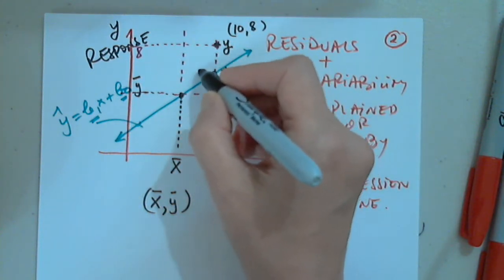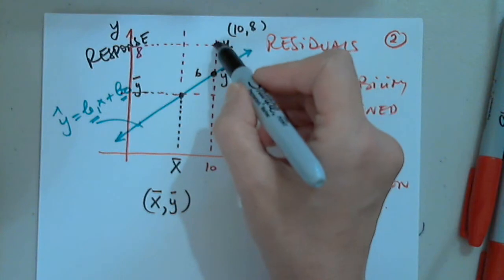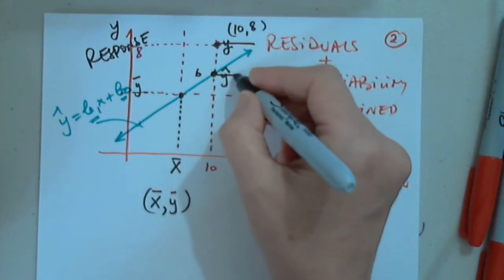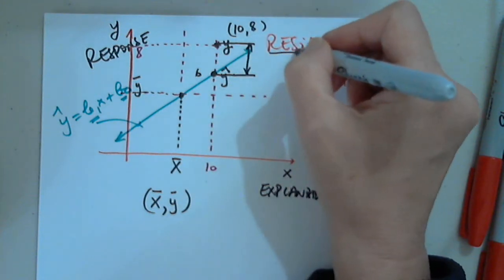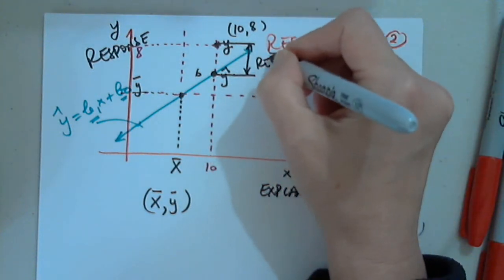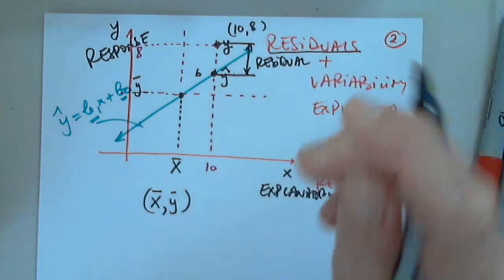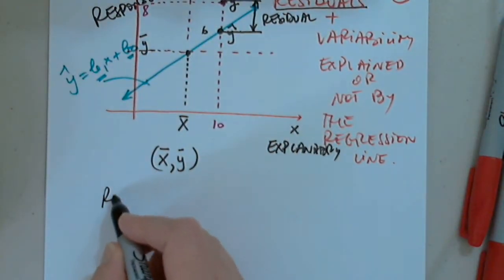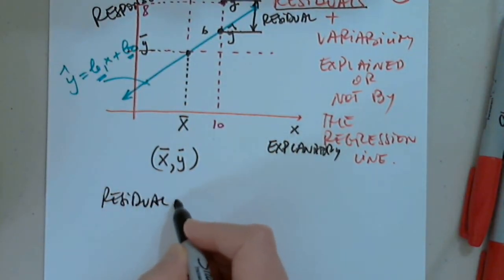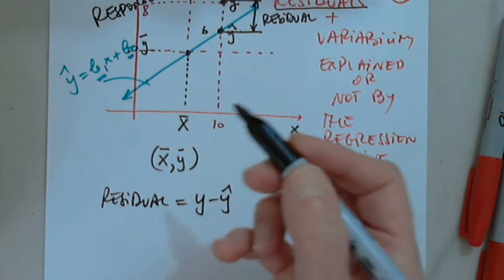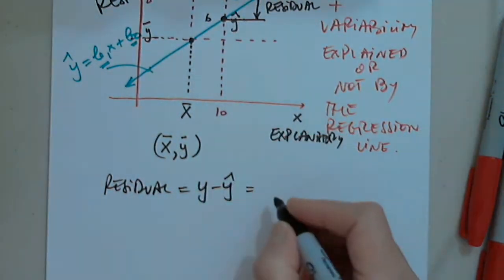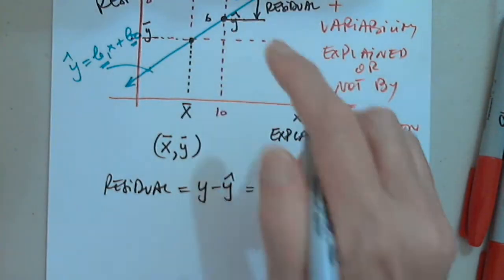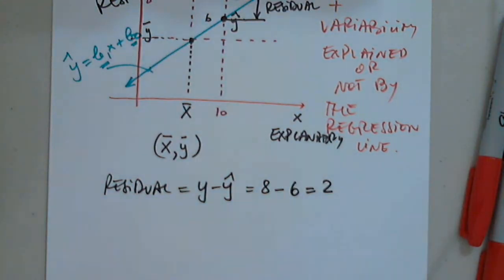So this height is 6. This y minus y hat is what we call the residual. So the residual is y minus y hat. We calculated it a few minutes ago. In our case, y is 8 minus 6, so the residual is 2.